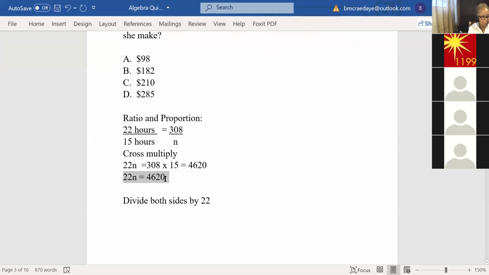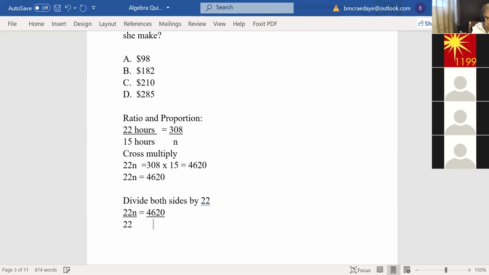That's it. So let's copy this and do what we said. Divide both sides by 22. Put the 22 underneath the 22N, and also underneath the 4,620.